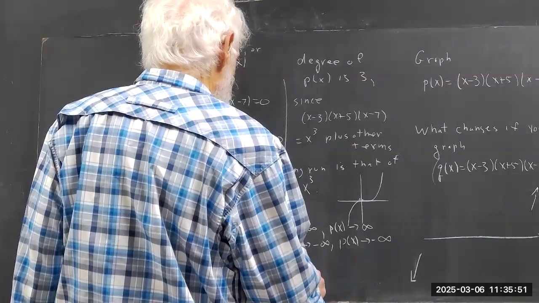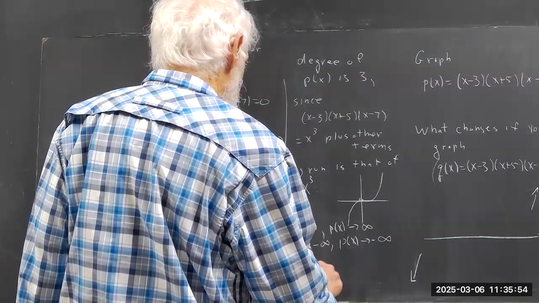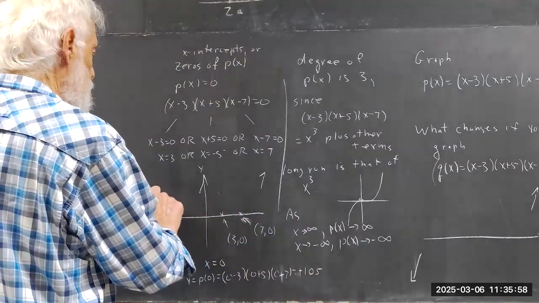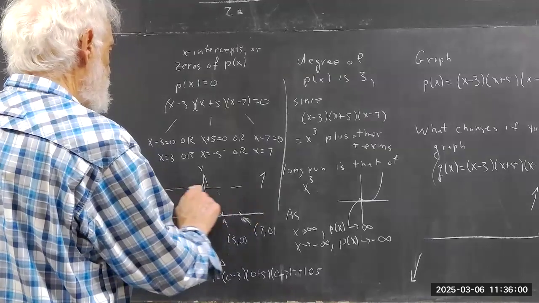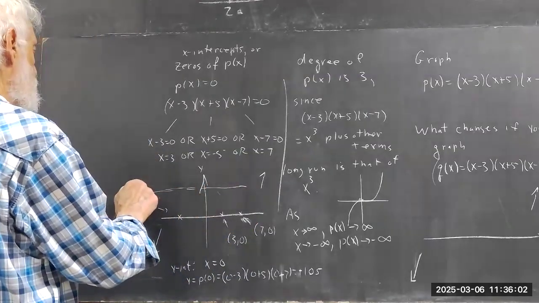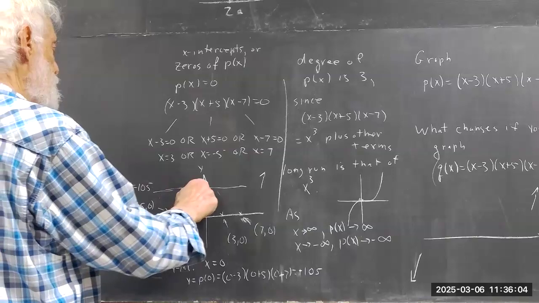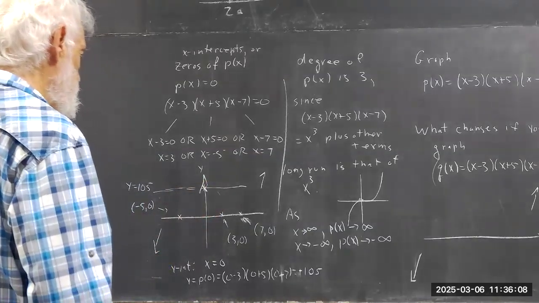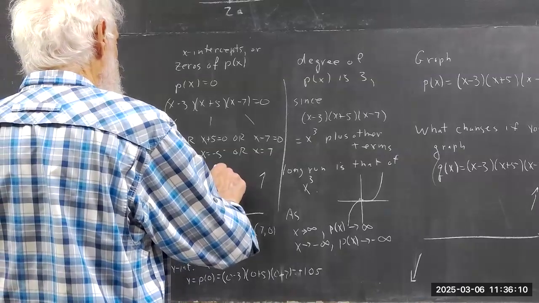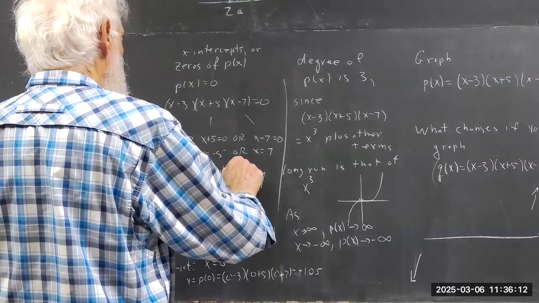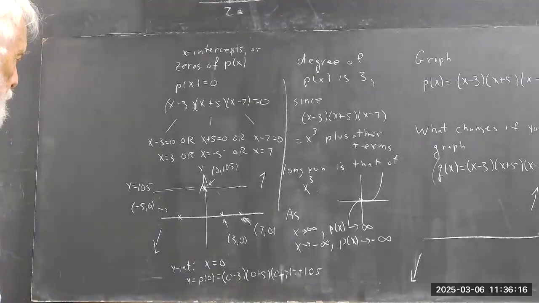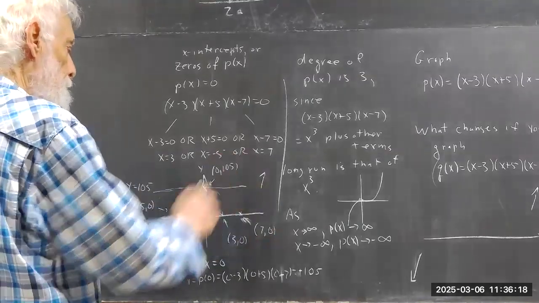So now, to fix that, it's positive 105. I'm going to draw a little line here. y equals 105. And there's the y-axis. (0, 105). Okay, now I can go through these points.